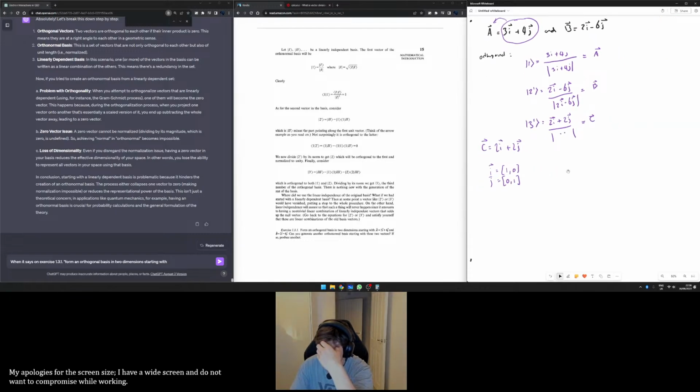It would be 3, so 3i is equal to 3 times 1 and 0.